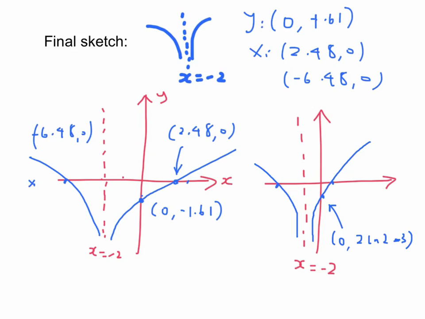Now, this one over here, terrible arrow, but you get the idea, is going to have coordinates of e to the power of 3 on 2 take away 2, and then 0. And then last but not least, this one here will have coordinates of negative e to the power of 3 on 2 take away 2, comma 0.